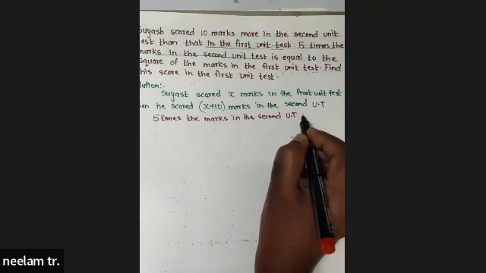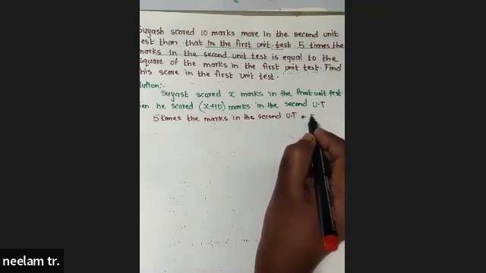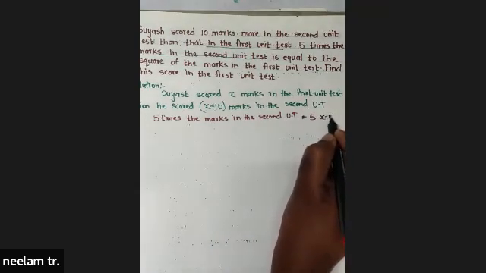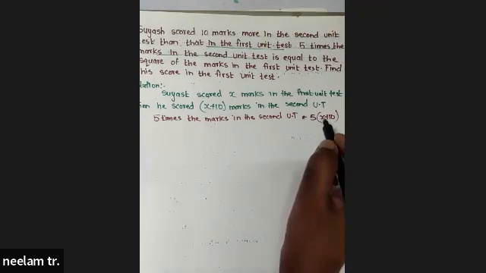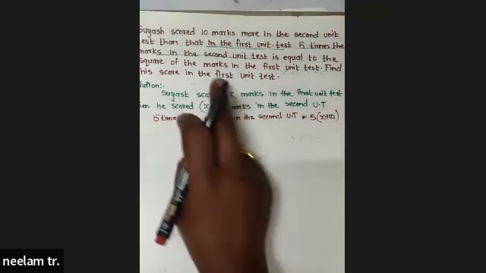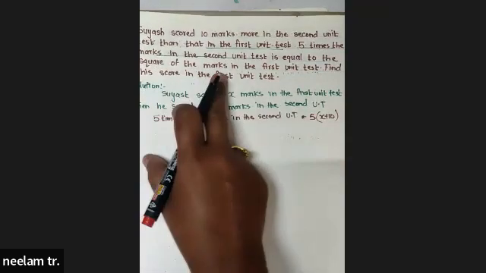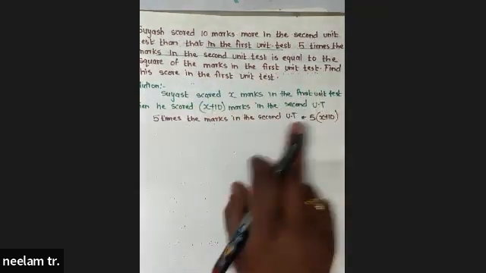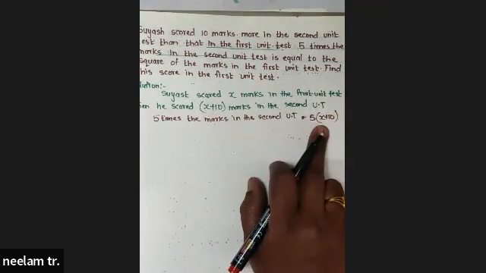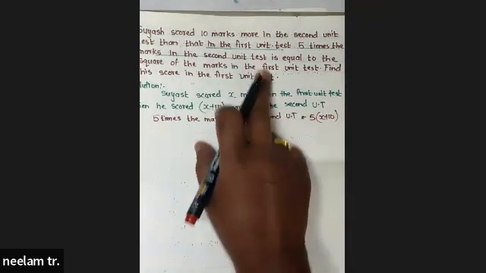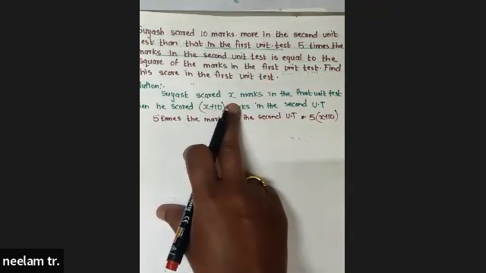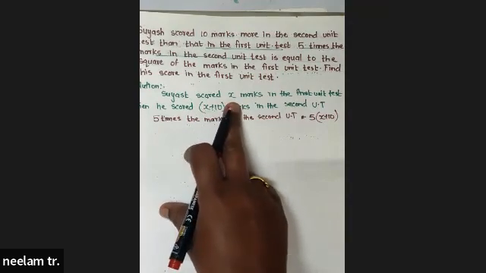How you will write it? 5 into x plus 10 is equal to the square of the marks in the first unit test. Our first unit test was x.